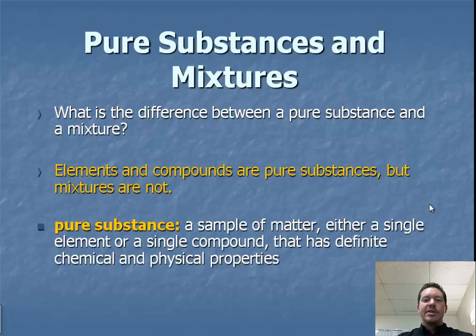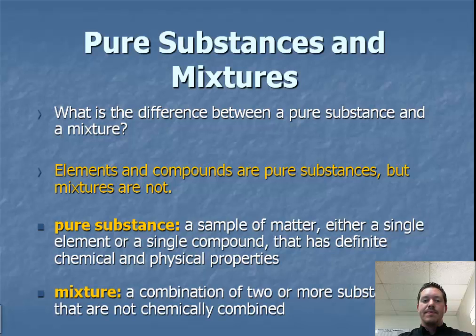So a pure substance is just a sample of matter, either a single element or single compound, that has definite chemical and physical properties. And then a mixture is a combination of two or more substances that are not chemically combined. For example, if we had water and we put salt in it, we now have salt water, but the salt is not chemically bonded to the water.